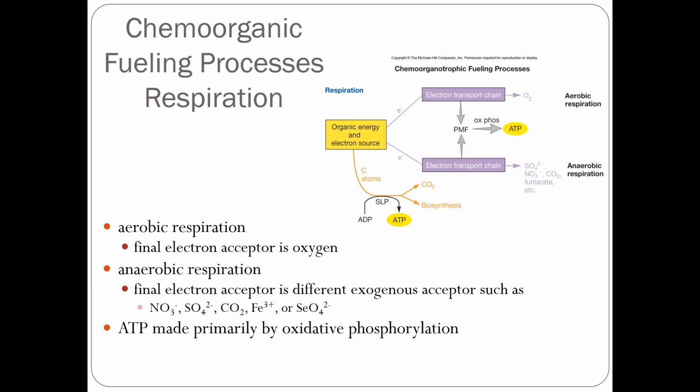If the electron donor is an organic chemical, and the electron acceptor is an inorganic chemical, and that inorganic chemical is oxygen, that is called aerobic respiration. If that inorganic chemical is other than oxygen, then we call it anaerobic respiration.